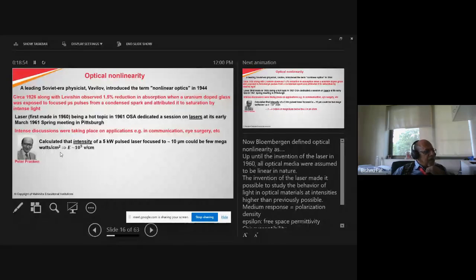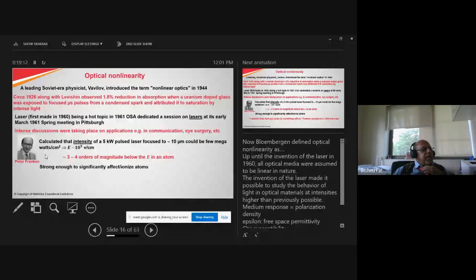So in this back of the envelope calculation, assuming a 5 kilowatt laser pulse focused to 10 micrometers, he showed that you get an electric field which is about 3 to 4 orders of magnitude below the electric field in an atom. So it is strong enough to significantly affect or ionize the atoms. I quote, he said, I realized that you could do something with it.